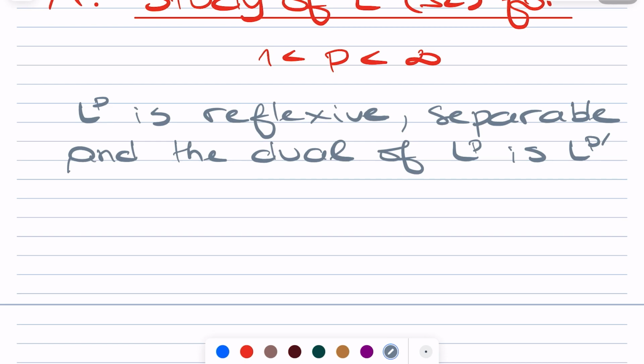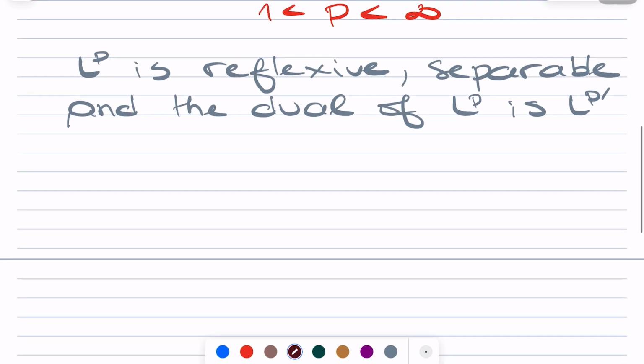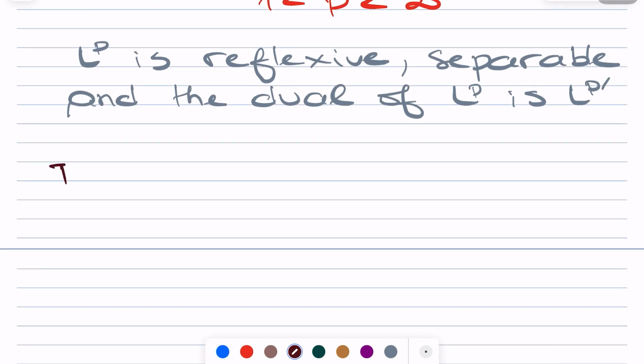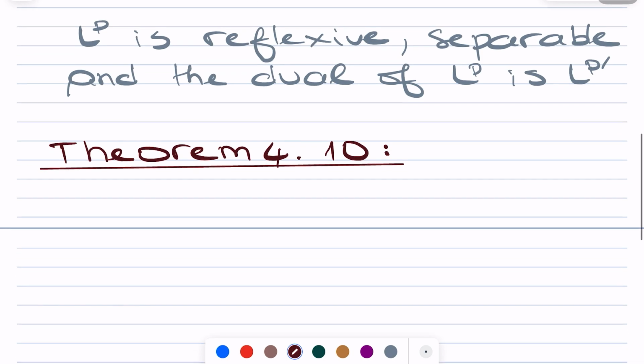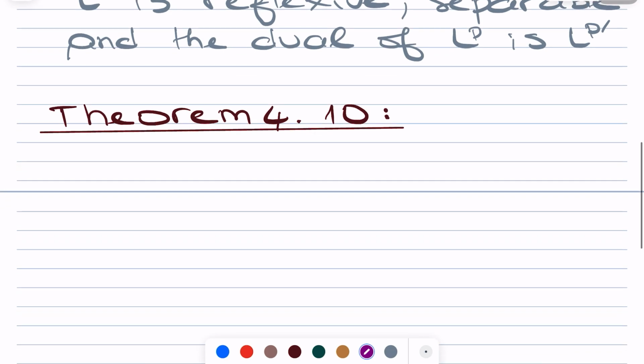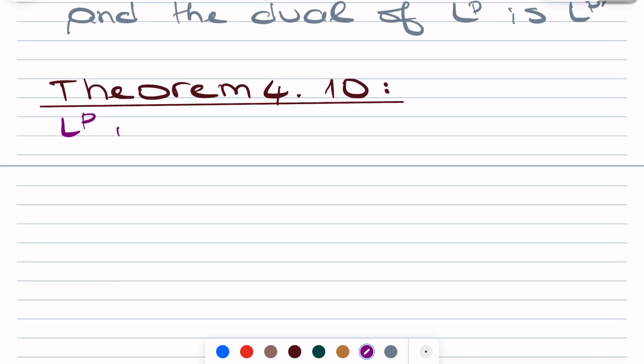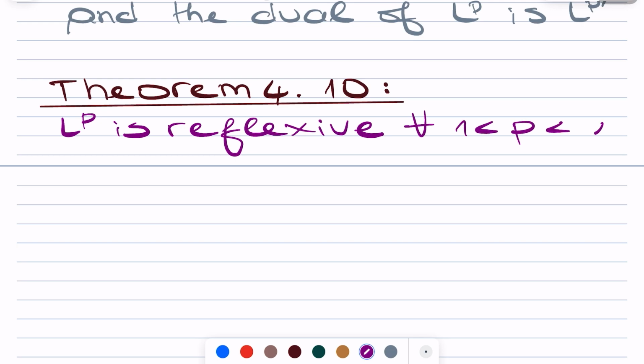We will prove that later on. So we start with our first theorem, Theorem 4.10: LP is reflexive for any p between 1 and plus infinity.